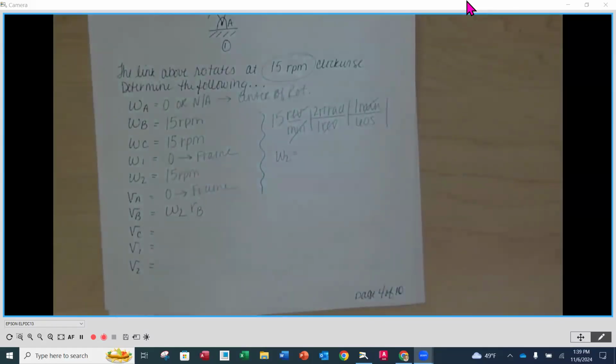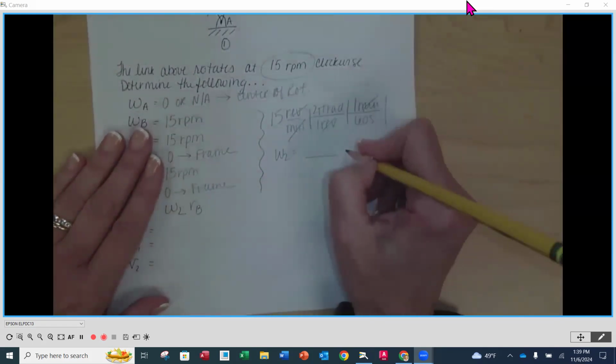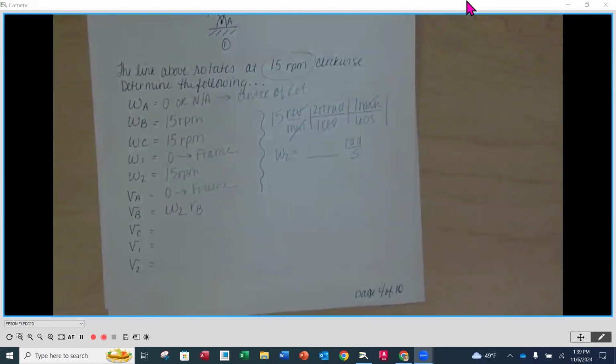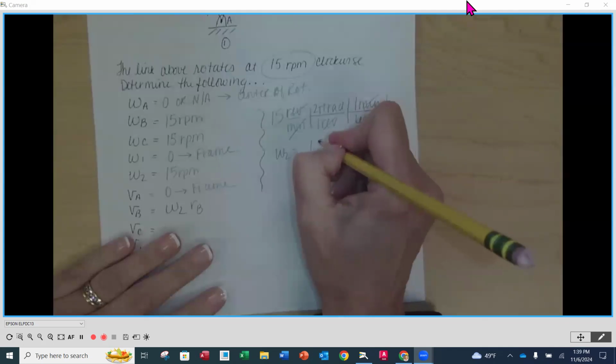W2, I'll need somebody to tell me how many radians per second I have. I hear calculators going, so good. We got 1.57.